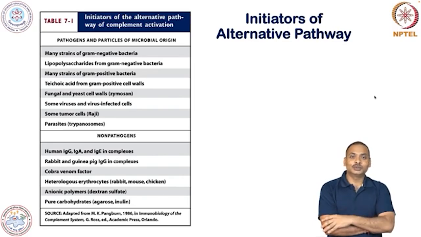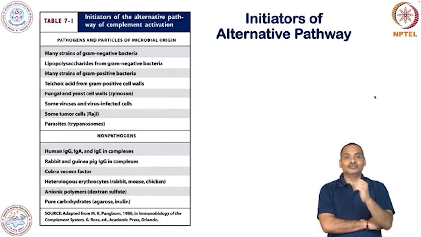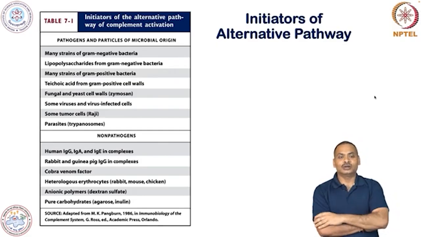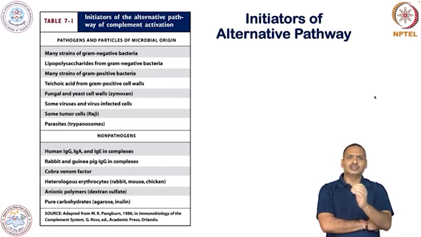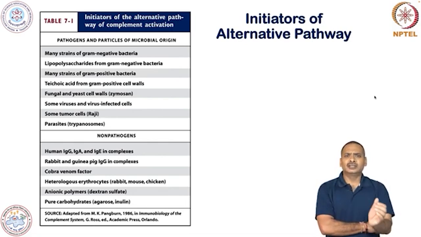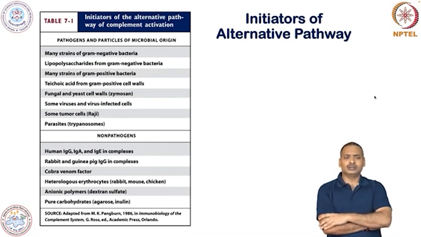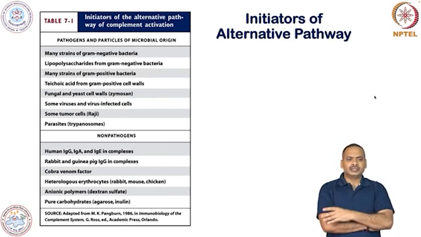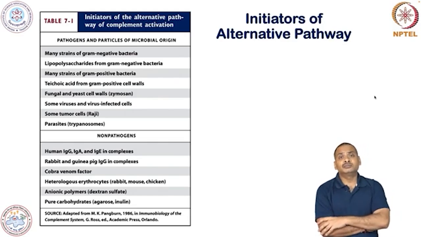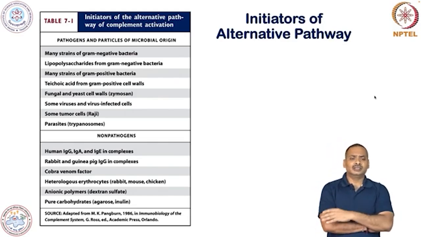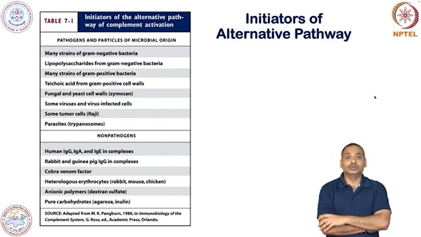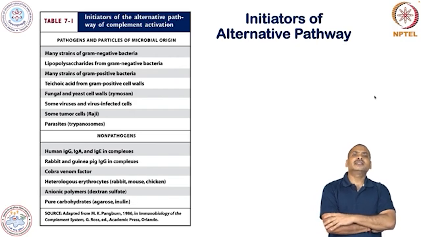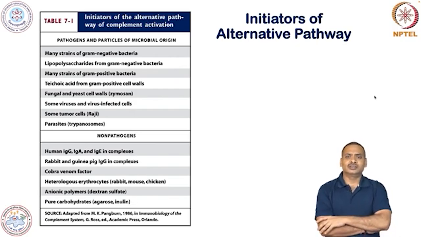It is very interesting to learn that cobra venom can also trigger the alternative pathway. From a heterologous source, red blood cells can also trigger the complement pathway. Interestingly, some anionic polymers like dextran sulfate, and pure carbohydrates like agarose or inulin, can also trigger the alternative pathway.